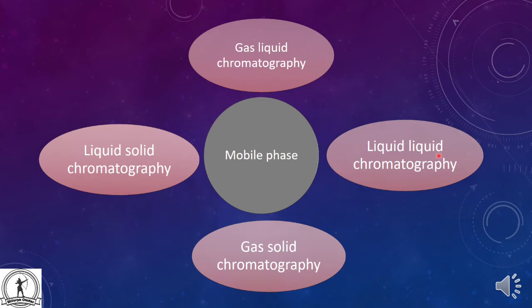So always in liquid chromatography we require a column, and among this information, these four combinations, you must remember: whenever it is gas chromatography, means gas liquid and gas solid, I cannot do it as paper or flat. We always need a column, and whenever you have a liquid mobile phase, both planar and column can be used.